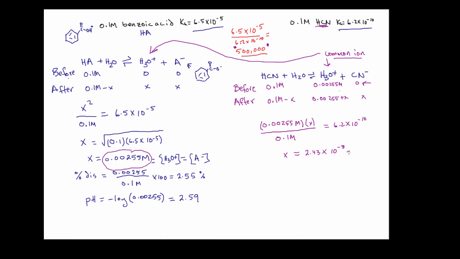And that is equal to the concentration of CN minus. Okay, now we need to be certain that neglecting the X here was fine. And what we're going to do is take a ratio of this value against the concentration of the H3O plus that came in from the other equilibrium, and that value should be less than 5%.